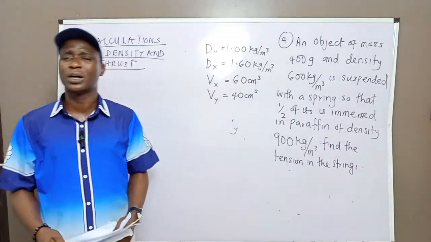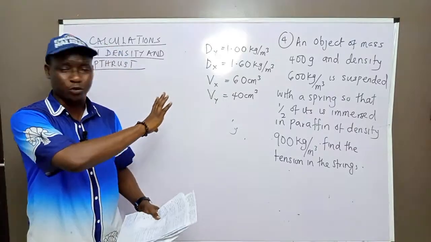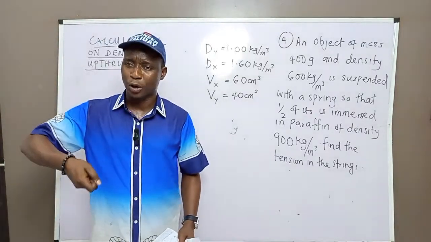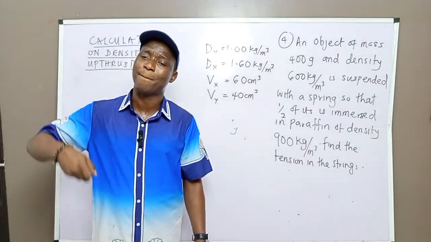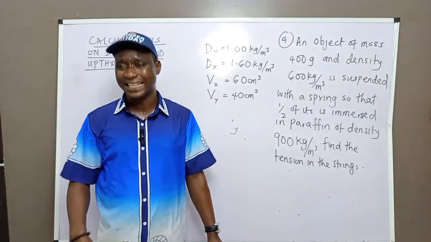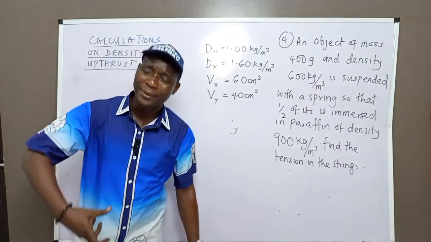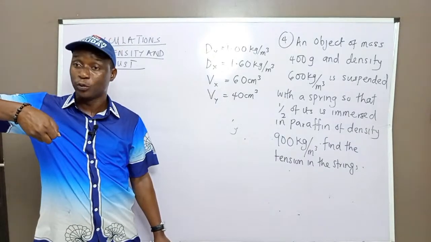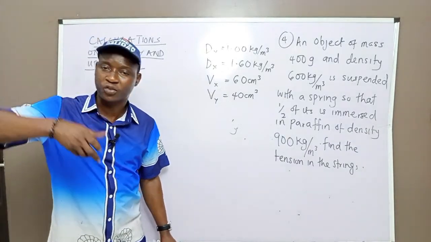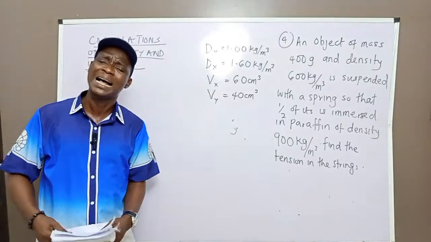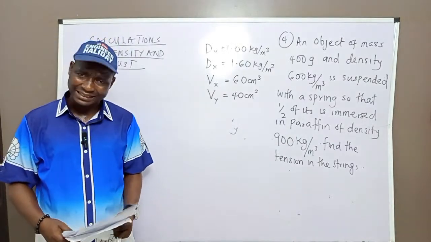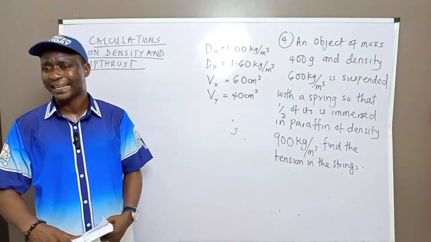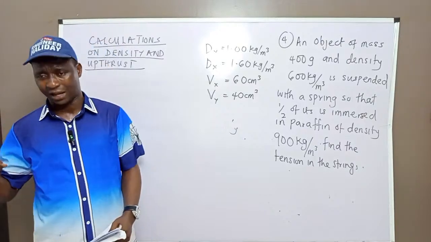Somebody carried a bucket, tied a rope to it, and dipped it inside the water. On bringing the bucket out of the water, the rope just cut. He was then asking me what really affected that particular tension as it comes out of the water.